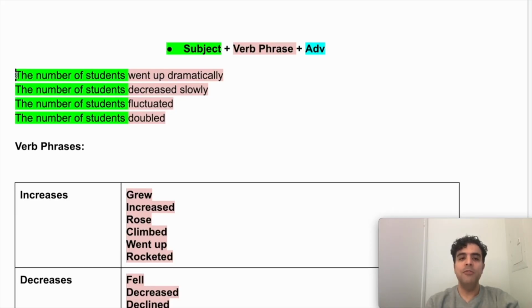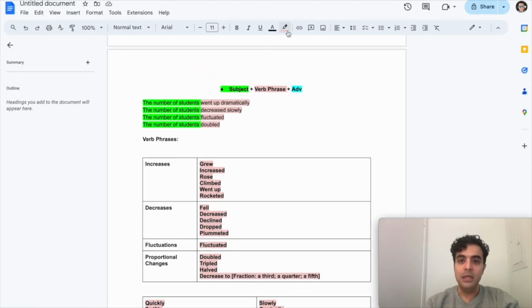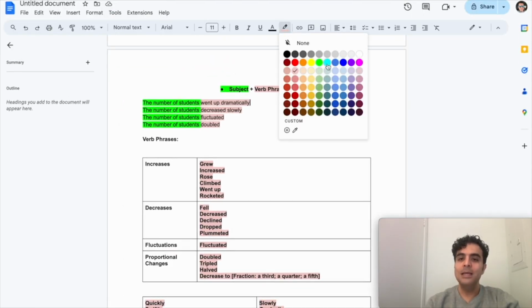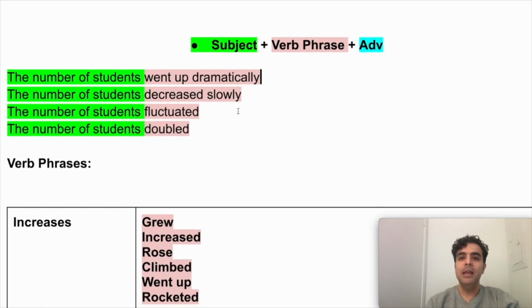Okay, now that we've mentioned the number of students went up dramatically, we also want to add our adverbs, the time period and the amount. Rule number 1, try to mention the amount, the quantity first. The rule is it's easier for your sentences to be understood if the adverb is placed close to the verb. Okay, so adverbs describing quantity should be closer to the verb.